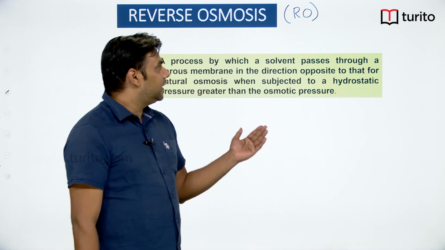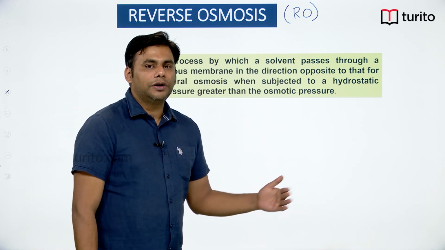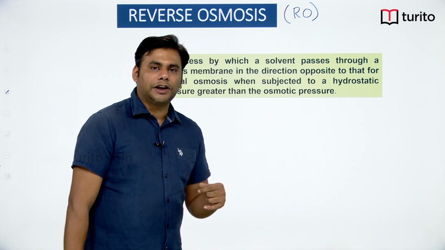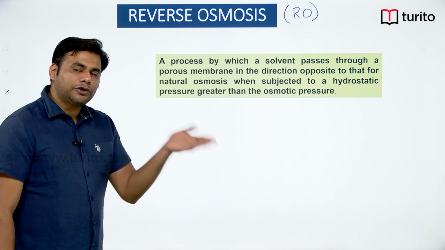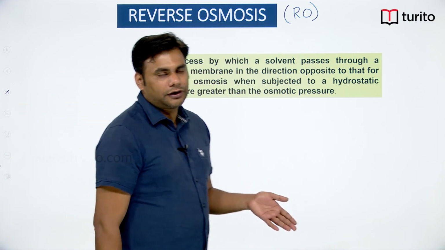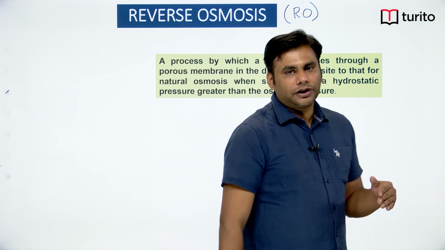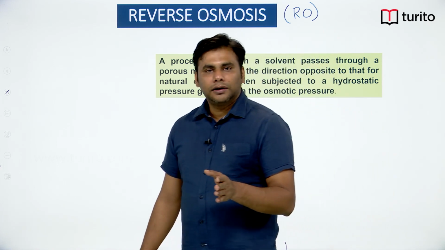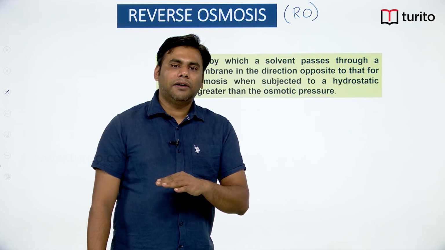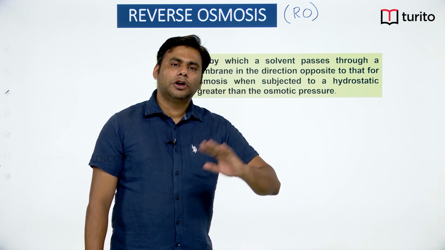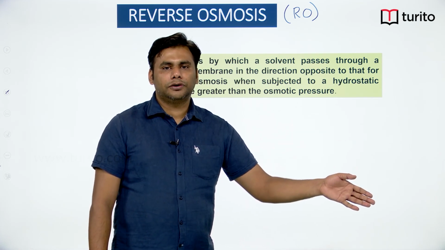So RO is basically reverse osmosis. So in a water purifier, reverse osmosis takes place. Now what is reverse osmosis? It is just the opposite of the normal osmosis. What happens in osmosis is that the solvent crosses the semi-permeable membrane from the side having more concentration of solute to the region of low concentration of solute.